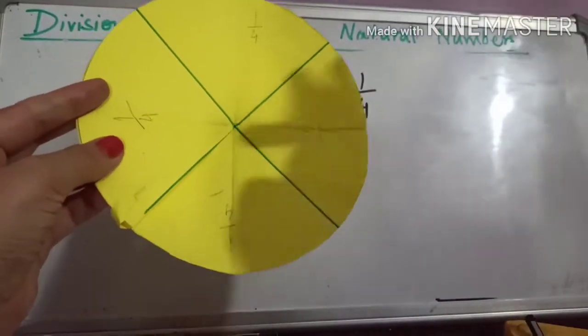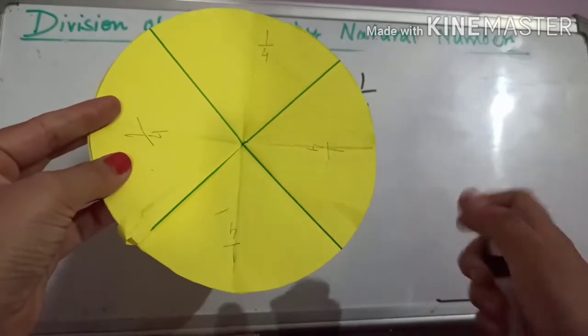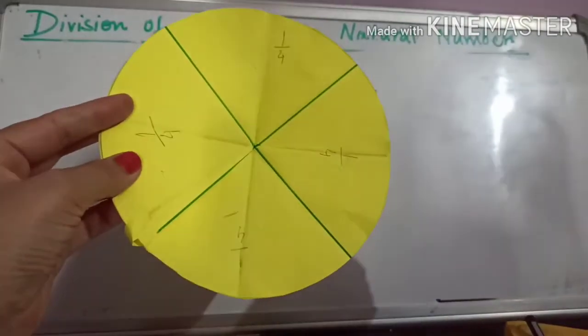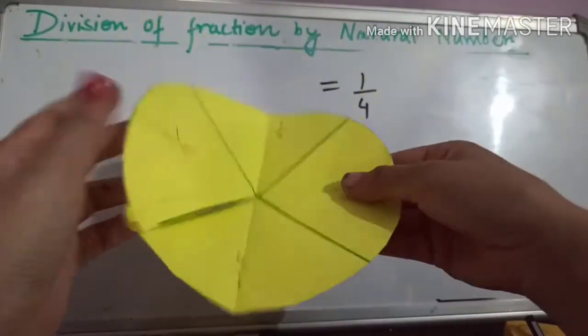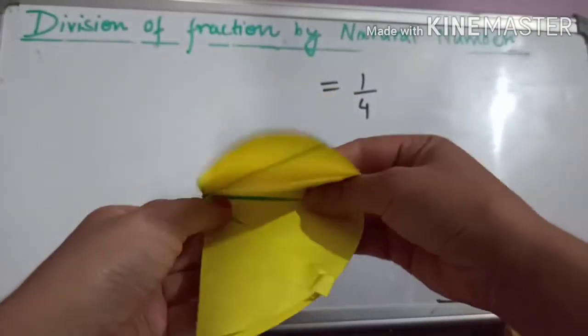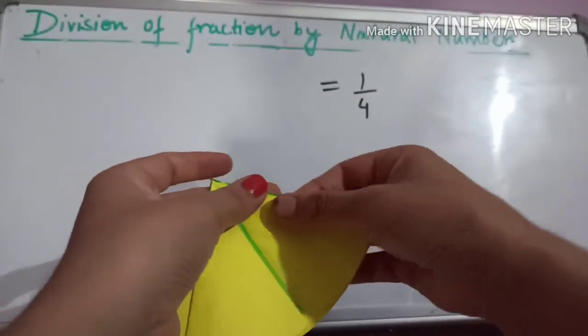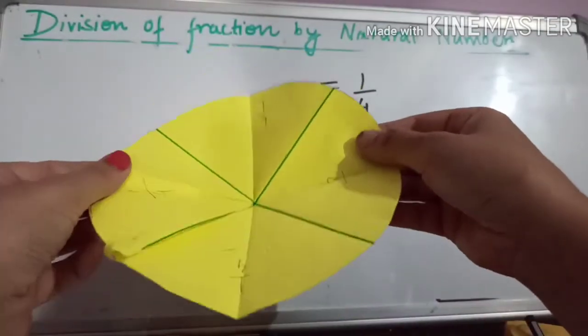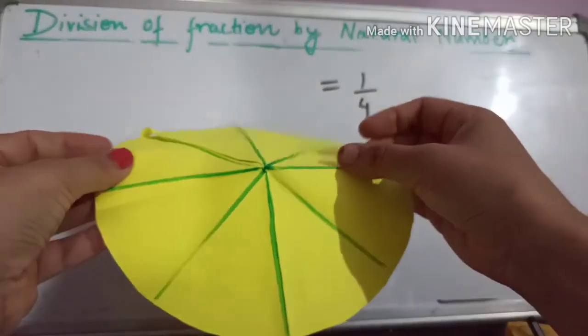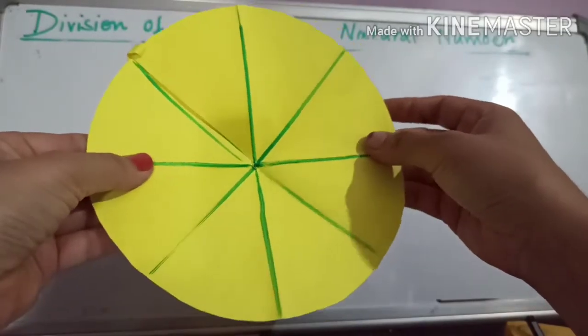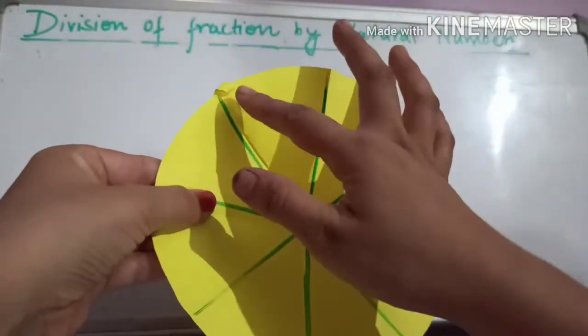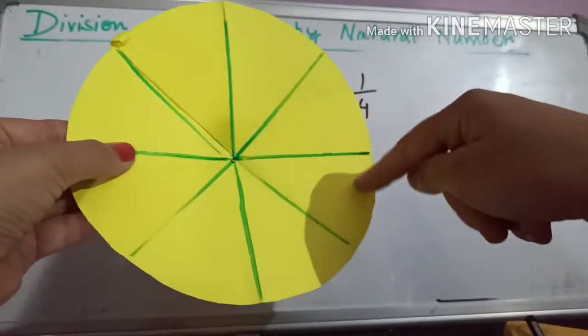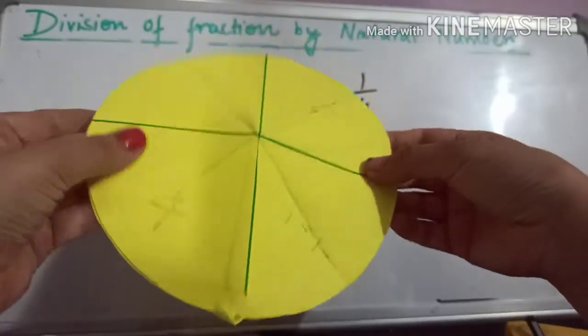Now if I further divide these 1/4 parts into 2 equal parts, like I divided like this and this. So you can clearly see they are further divided into 2 parts. This 1/4 part is divided into 2 parts, and this 1/4 part is also divided.